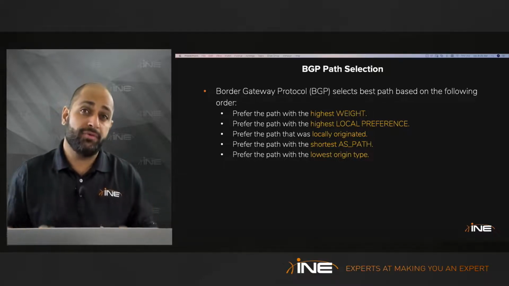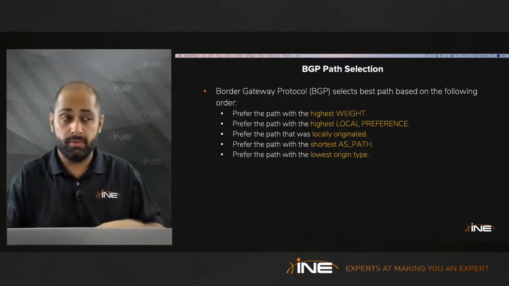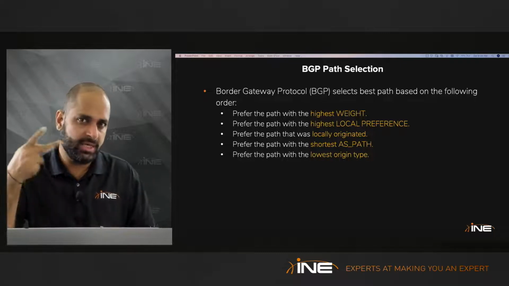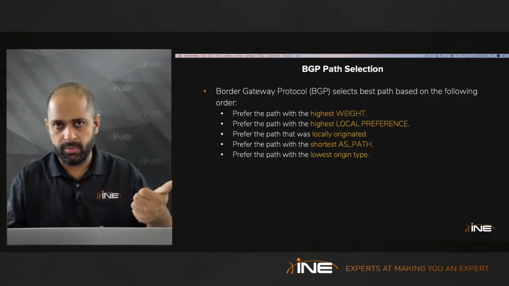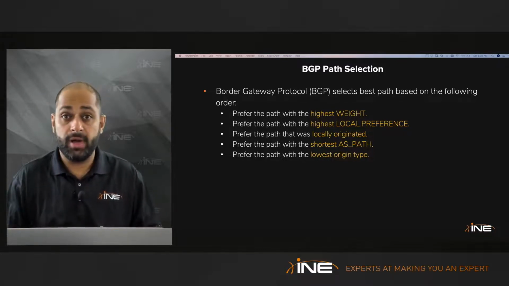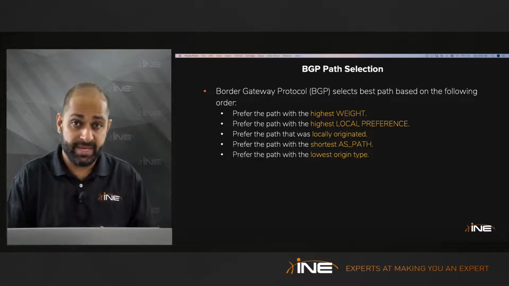If you've learned the route through EGP, EGP is no more there. This was before BGP. So, in fact, all Cisco routers don't support EGP anymore. You'll only see two origin types, I, which is IGP, or incomplete, which is question mark. So, if you've learned the route, or if you've advertised the route through a network statement, it's going to be IGP.